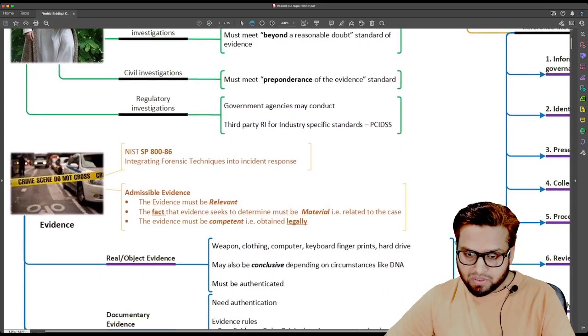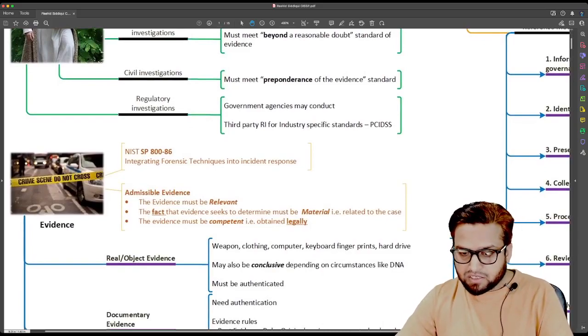Now when it comes to evidence in the court, any evidence must meet some criteria to be eligible to be called evidence. The admissible evidence should have these three qualities. The evidence must be relevant to the fact or to the point which the lawyers are trying to make.